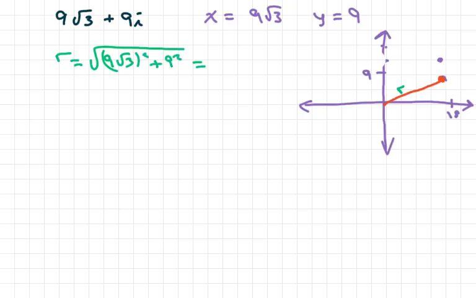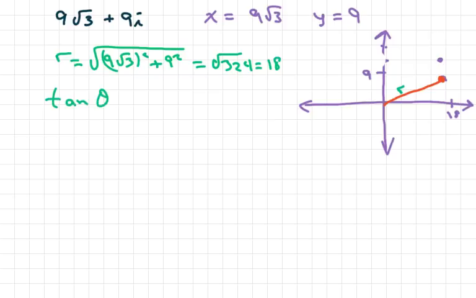This equals, let's see, square root of 324, which is 18. Okay, and so then we need to find our angle.